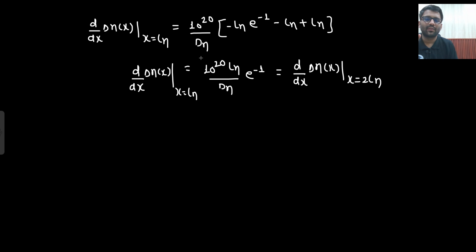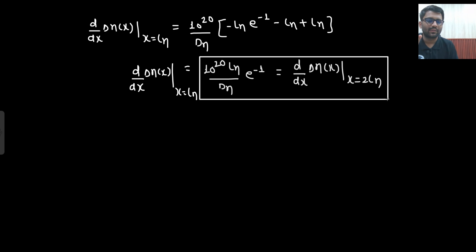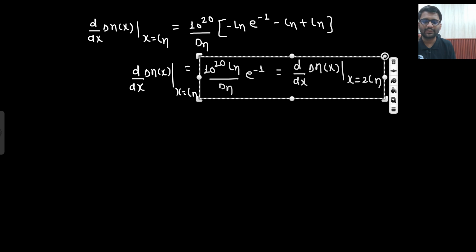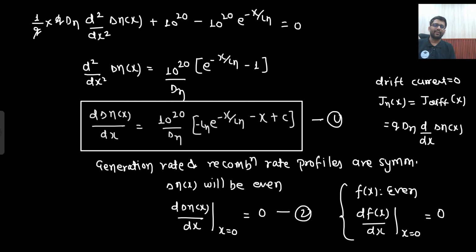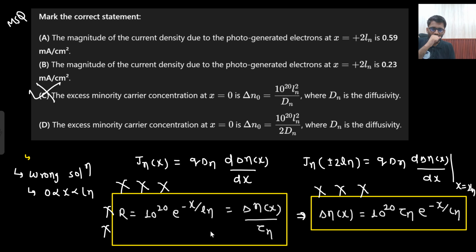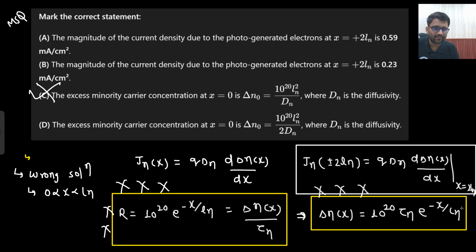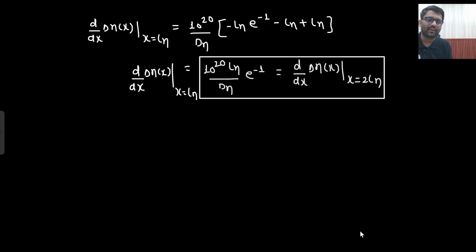So what you are having is the slope of excess carrier concentration with respect to x at 2 ln. What you actually needed? This is what I need to find. This was my target. I needed to find the value of current at plus minus 2 ln.